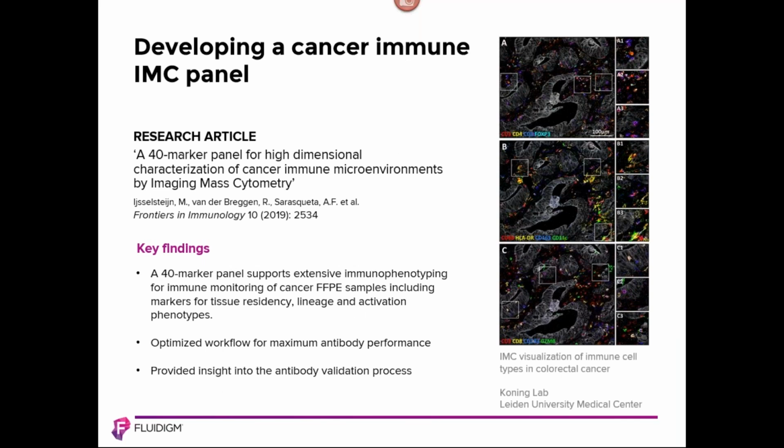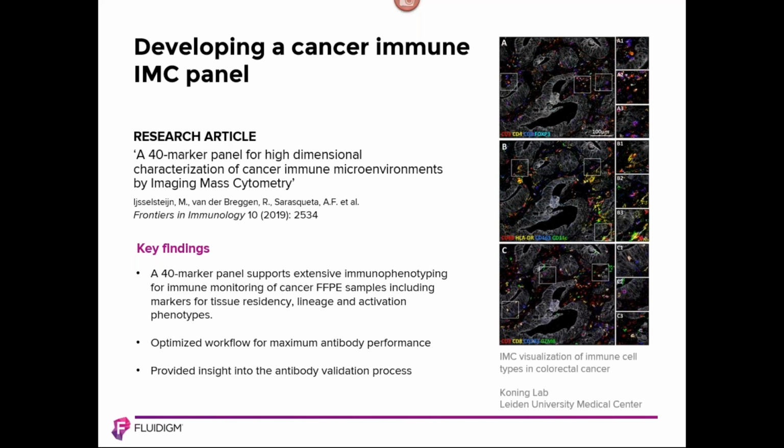In this paper from Fritz Koning's lab at Leiden University Medical Center, the authors report how they developed a 40-marker panel for high-dimensional characterization of cancer immune microenvironments by imaging mass cytometry. This panel for FFPE tissues included immune cell markers to assess tissue residency, lineage, and activation phenotypes.